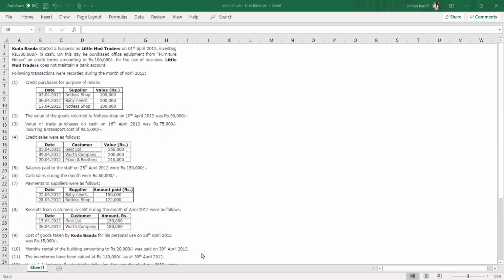Then we did the bank reconciliation statement, then the error corrections, then we started the trial balance.